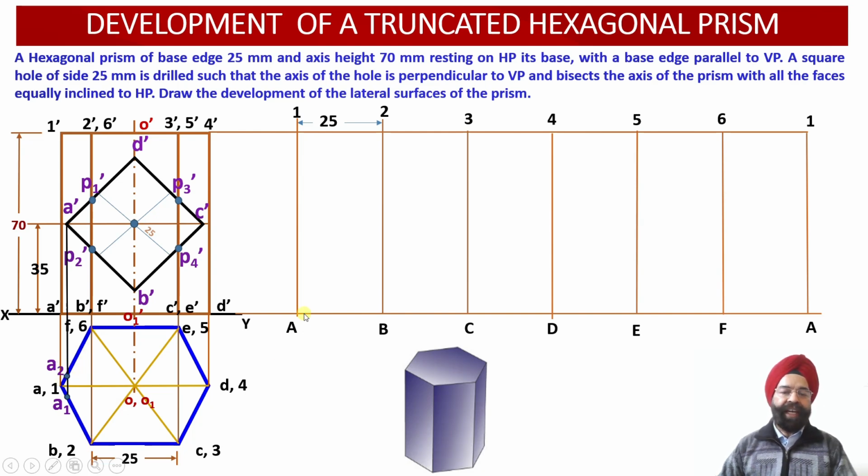So now we can mark it over here. As we move from point A towards point B, at this distance from point A, the black vertical projector we can draw as point A1 over here. That is, onto this black projector, point A will be located corresponding to the front face projection of the square hole.